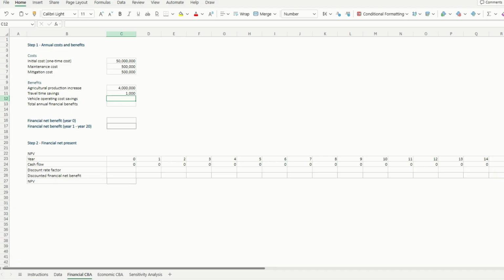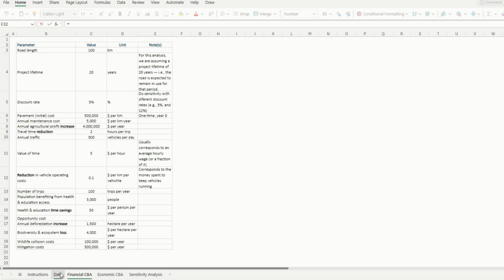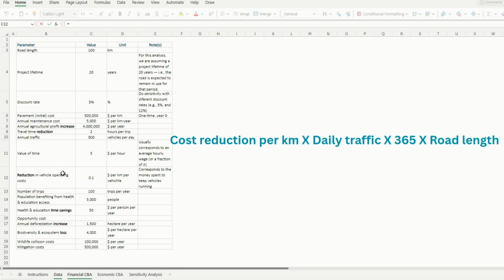The last financial benefit that we have identified is the vehicle operating cost savings. You can understand this as paving reducing fuel consumption, repair costs, and wear and tear, for example. And for the calculation, let's go back to the data. Then we have the reduction in vehicle operating costs, which is dollars per kilometer per vehicle. So we're going to multiply this by the number of vehicles.